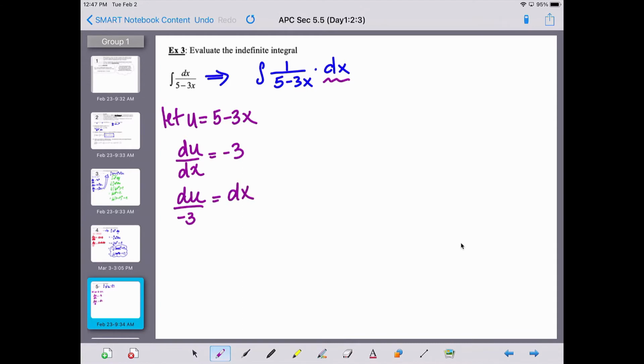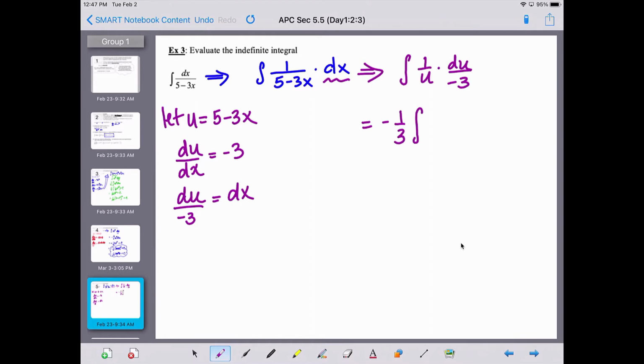Okay, so now I can rewrite this integral as the integral of 1 over u times du divided by negative 3. And dividing by negative 3 is the same as multiplying by negative 1/3. So I can bring that out in front of my integral.